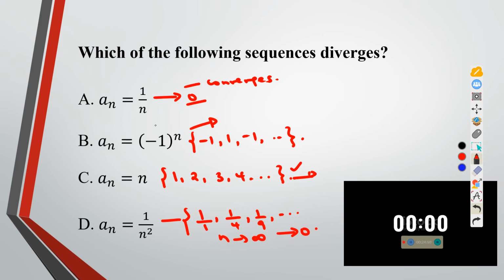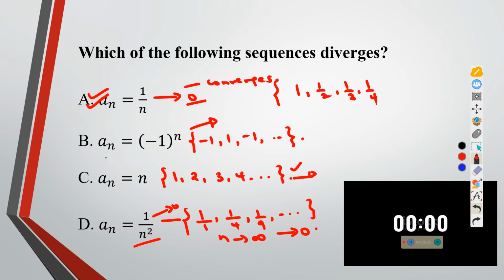Though this one and this one both converge to 0, this one reaches the limit faster compared to this, because this consists of 1, 1 over 2, 1 over 3, 1 over 4, but this is 1, 1 over 4, 1 over 9. So these are decreasing faster. This and this reach their limit of 0.